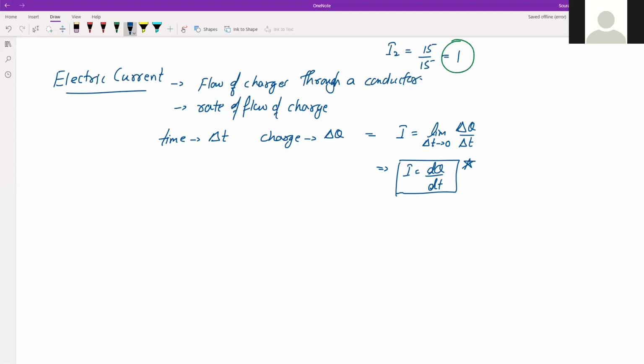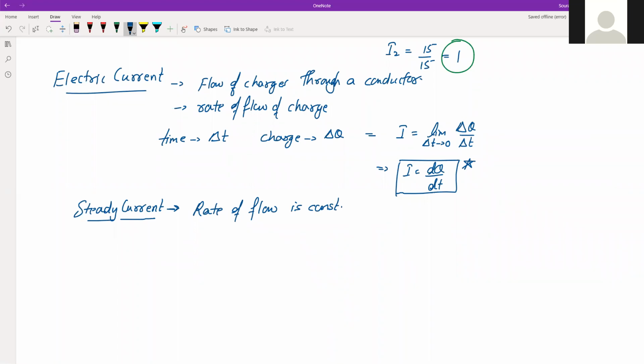Now, there are different types of current. When we say steady current, that means current whose value, or whose magnitude, does not change. So that is actually the current whose rate of flow is fixed. The rate of flow is constant with respect to time.